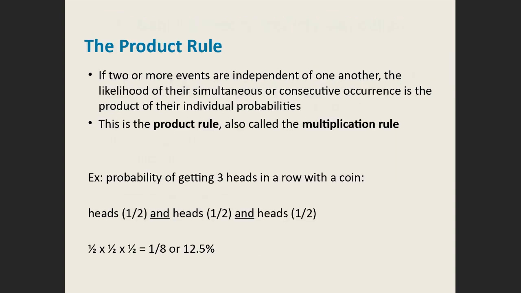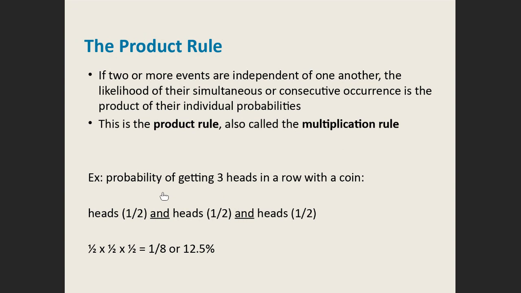Now, the product rule is also called the multiplication rule. That has to do with the probability of two or more independent events. That is to say, it's a probability that describes the word and.